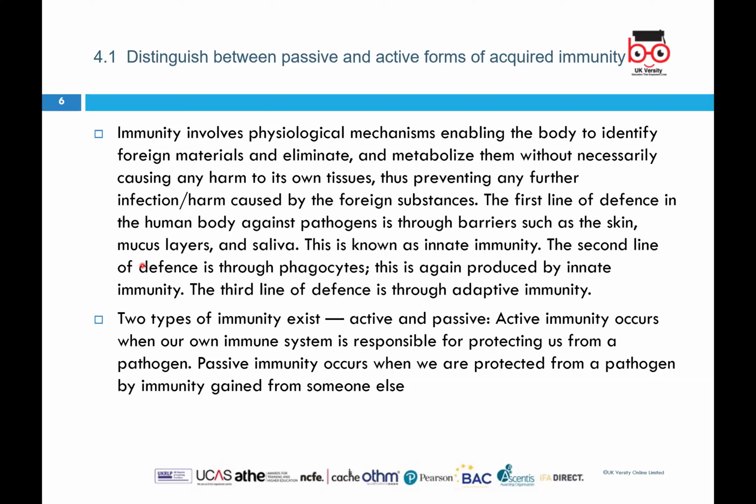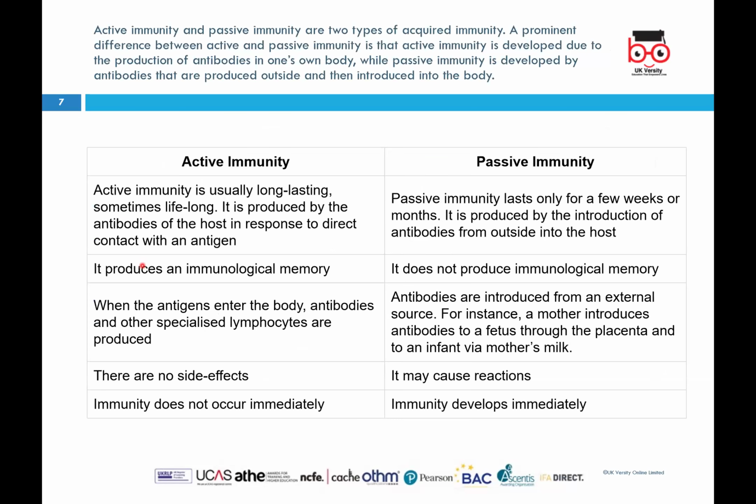And we have mucus layers, we have the saliva. So we were talking about active immunity, when the system is itself responsible for protecting us from a pathogen. Passive is when you gain it from some other source. That could be a person who already had the infection, and that person can use his or her immunity to produce immunity in yourself.